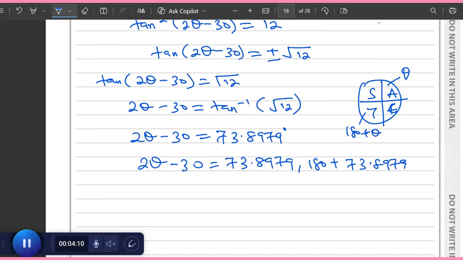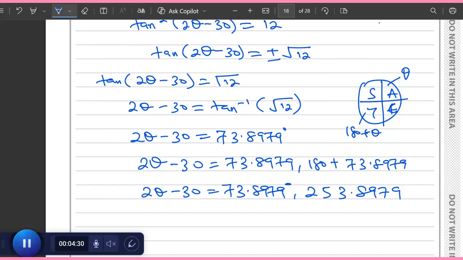This one will give you 2 theta minus 30 equals 73.8979, and if we sum these two, it's going to give you 253.8979.